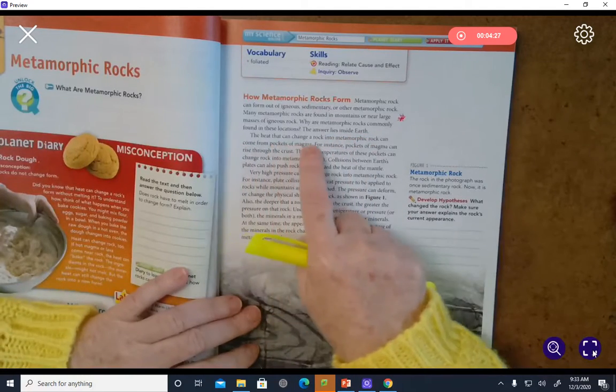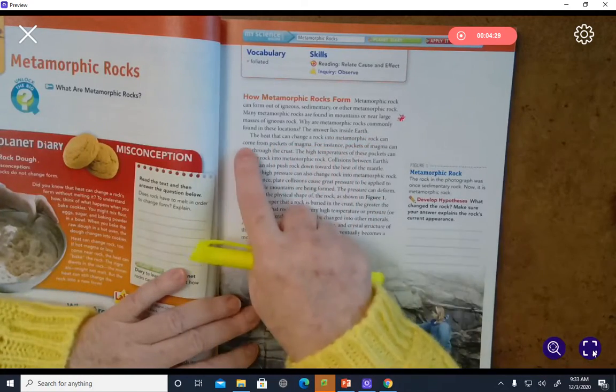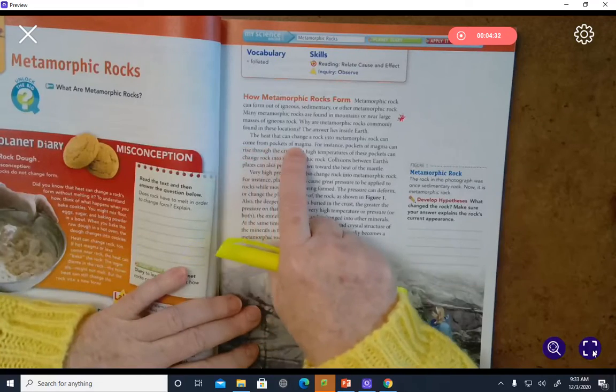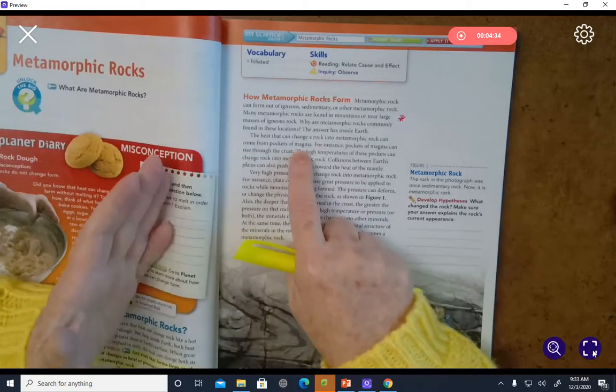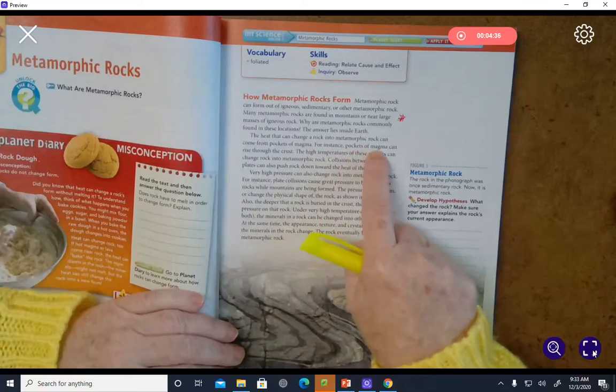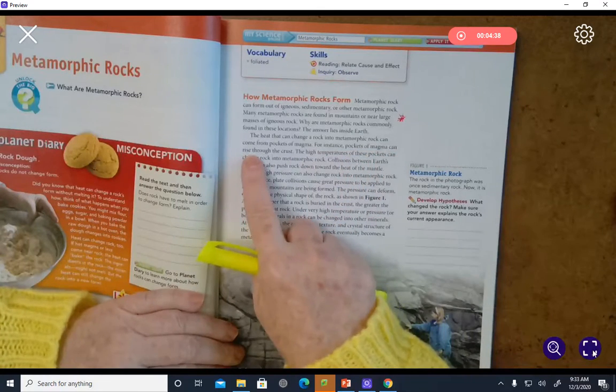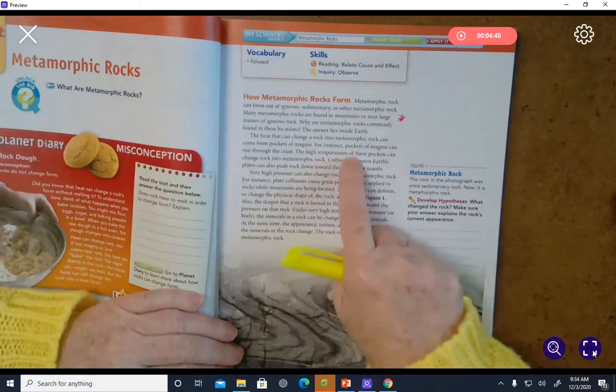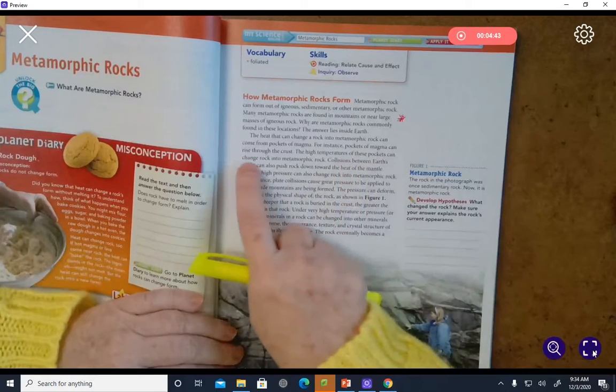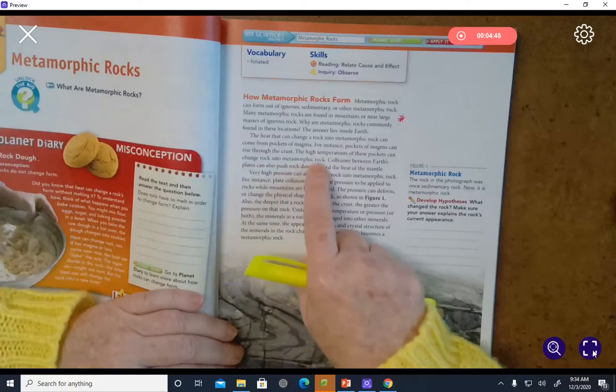The heat that can change a rock into metamorphic rock can come from pockets of magma, sort of like the oven. For instance, pockets of magma can rise through the crust. The high temperatures of these pockets can change rock into metamorphic rock.